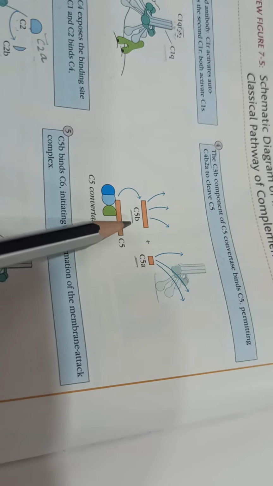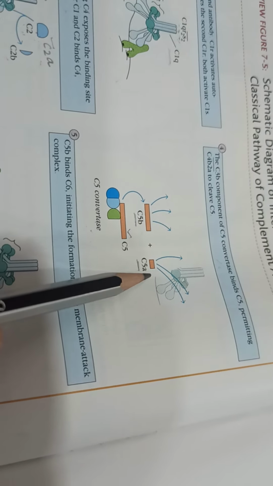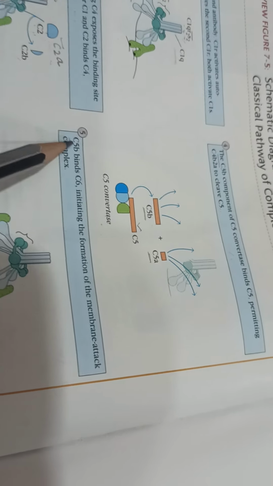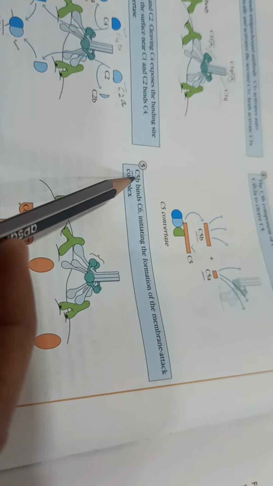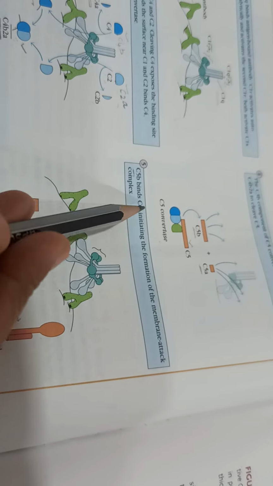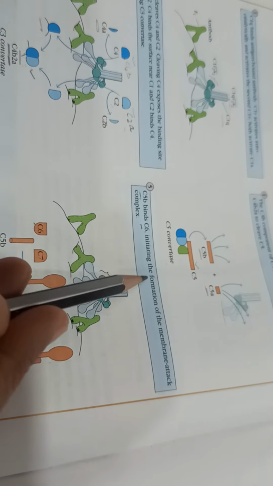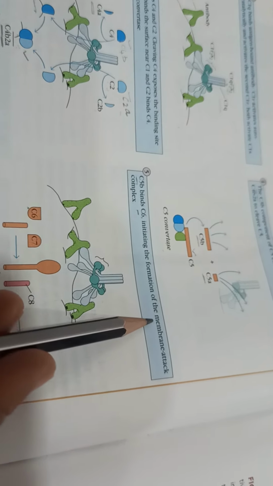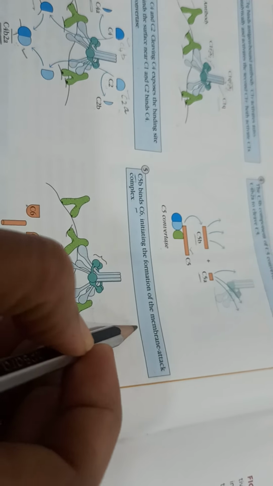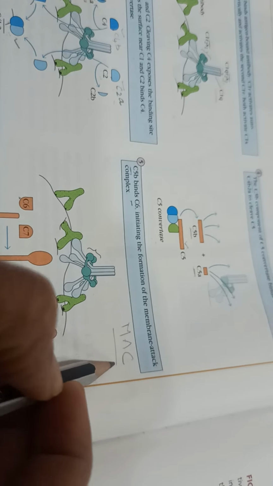Now this C5b, the larger fragment cleaved by C5 convertase, binds to another component, C6. This initiates the formation of something called the membrane attack complex. Generally it is written as MAC, membrane attack complex.